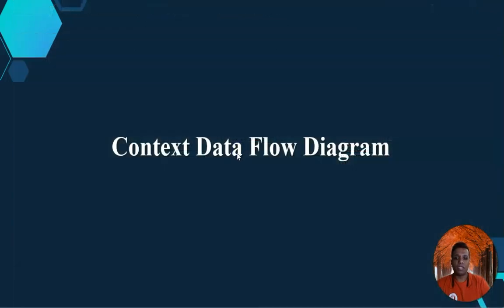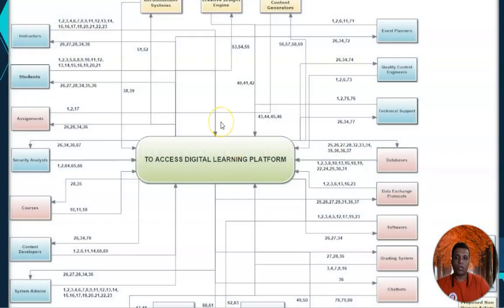Next is the context data flow. The context data flow tells us the interaction of various actors with the central processing unit. In this case, the unit is called Access Digital Learning Platform. You can see various human, non-human actors along with proposed actors as well.